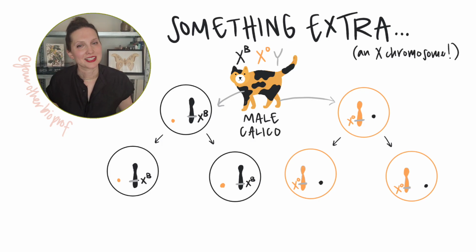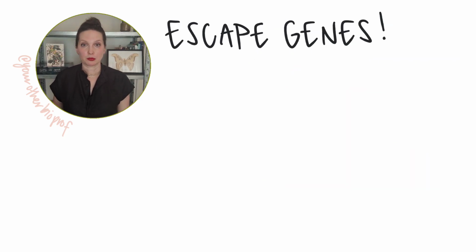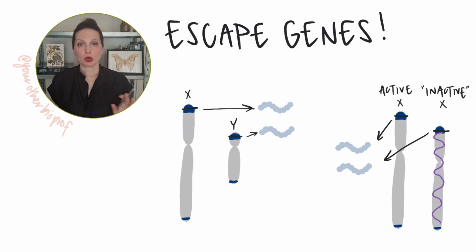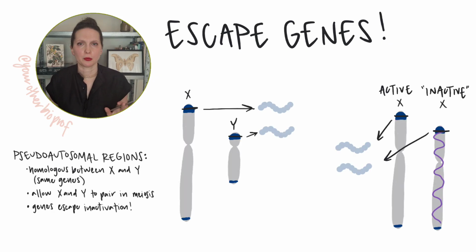It turns out X inactivation isn't 100%. There are some genes, perhaps 100 so-called escape genes, that just aren't silenced during X inactivation. Many of them are found in the pseudoautosomal region of the X chromosome. This is where genes are found that are also present on the Y chromosome. Turns out there's some stuff on that inactive X that's needed for cellular function.